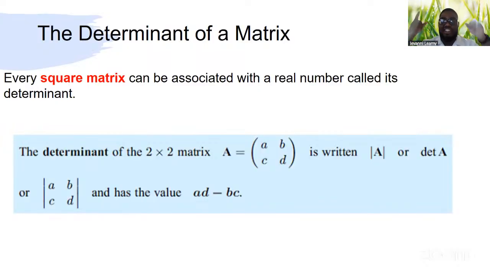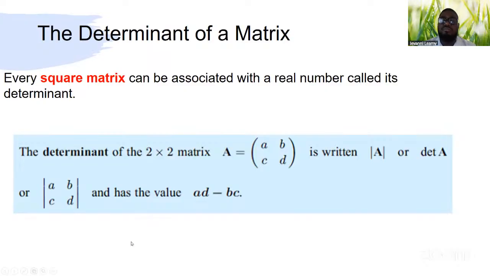The matrix A is between 2 vertical lines. So if you see that, it means that you're finding the determinant. Another way you could see it is det A, all right, DET, and then you have the matrix that you're finding the determinant of. Another way you could see it is, again, the vertical lines, and you have the elements of the matrix that you're referring to.